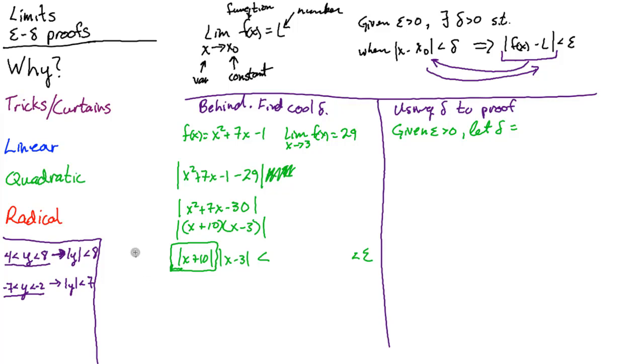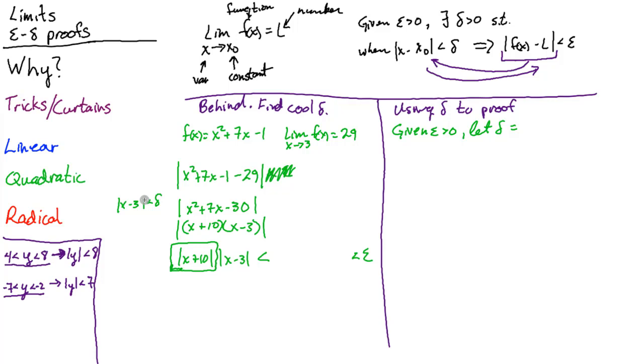So this is where we are actually going to be using some fancy footwork. We know that we want |x minus 3| to be less than this delta, and that's what we're going to use up here. We are interested in what happens when epsilon and delta get really tiny, and we zoom in on a limit.